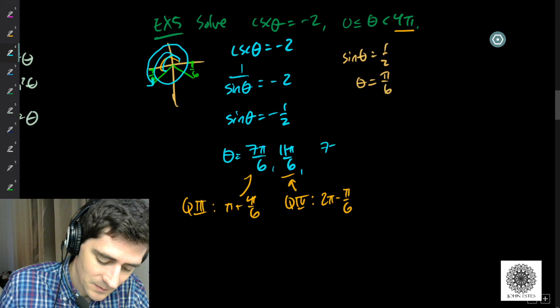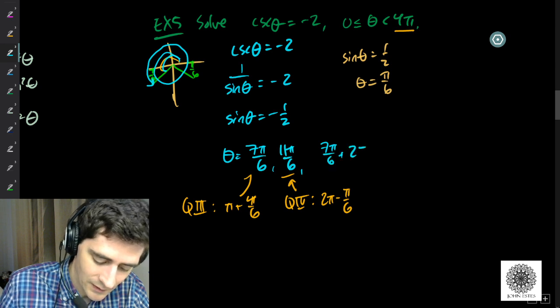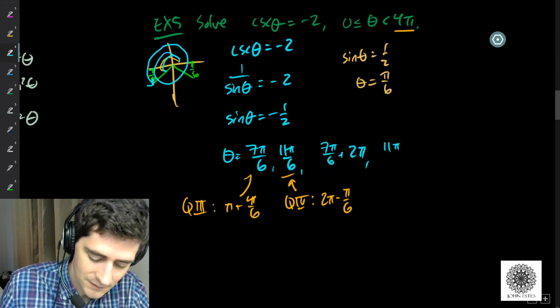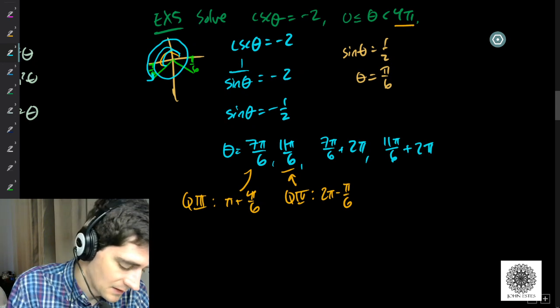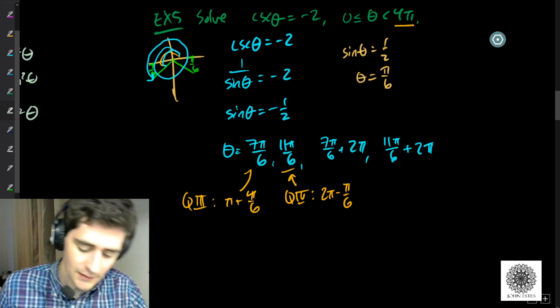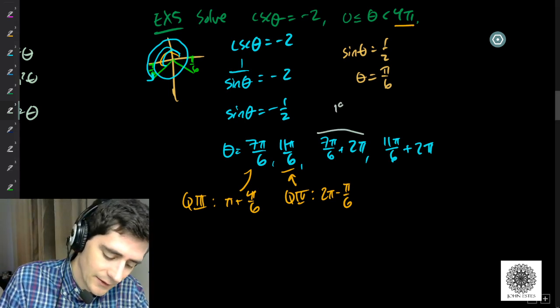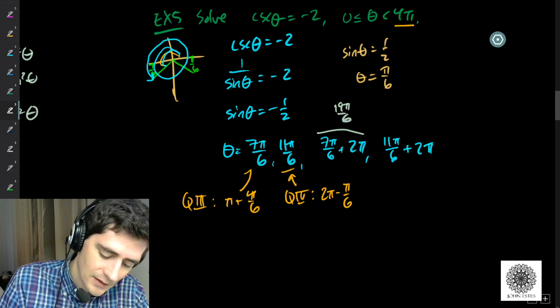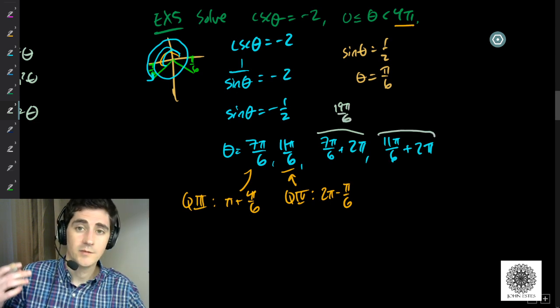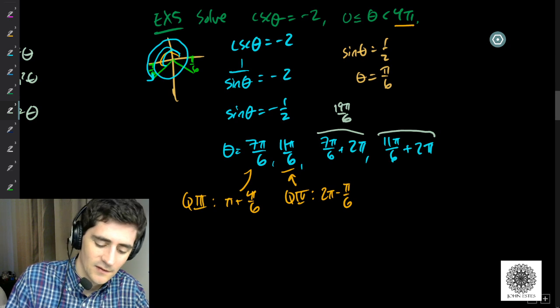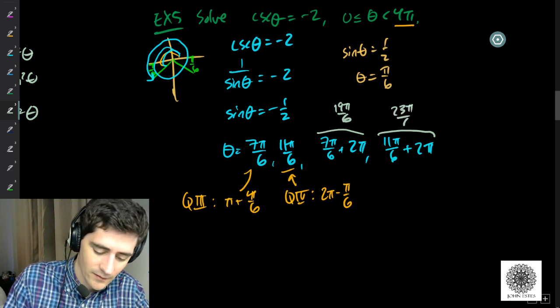Okay, we'll just say 7 pi over 6 plus 2 pi and 11 pi over 6 plus 2 pi. All right, and those would be, let's see, 7 pi over 6 plus 12 pi over 6 gives me 19 pi over 6. And 11 pi over 6 plus 12 pi over 6 gives me 23 pi over 6.